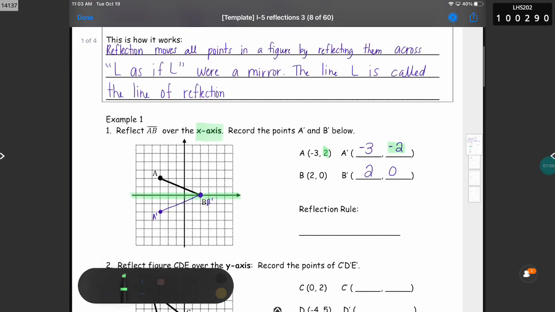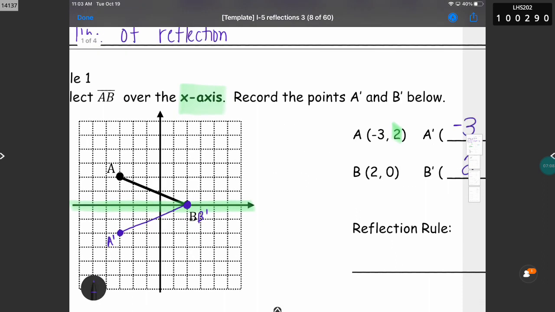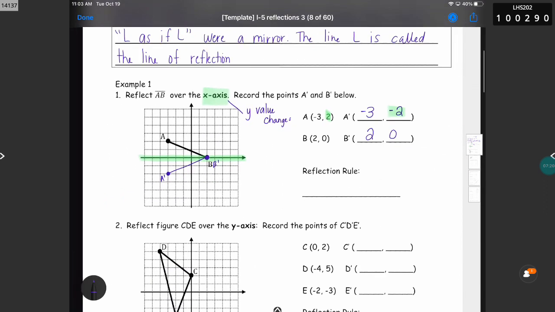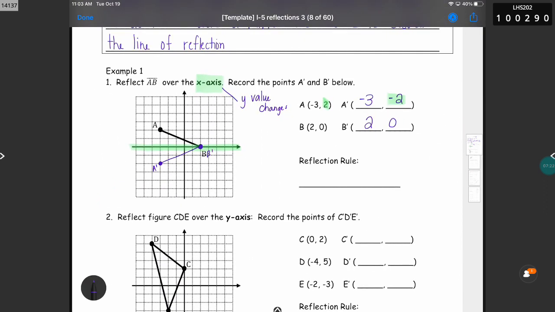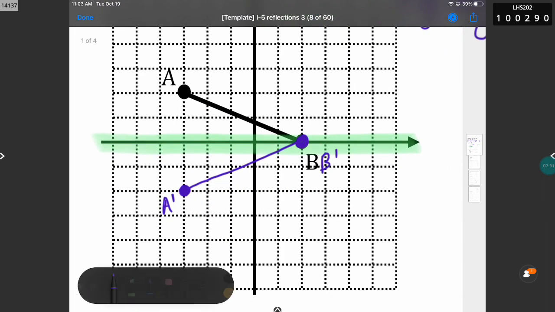So when I reflect over the x-axis, the Y value changes. Now, why didn't B change? Because it's on the x-axis. So it's going to remain the same. Now, I'm going to show you another way that this could have been done.